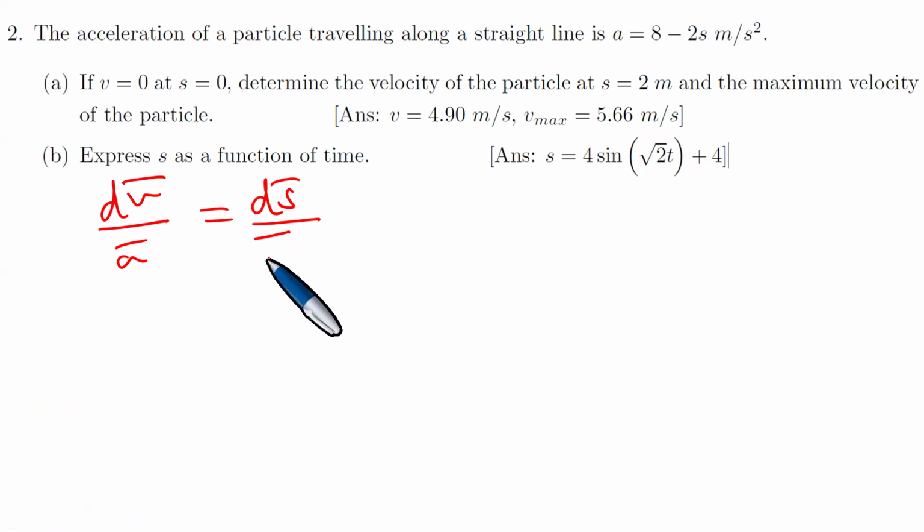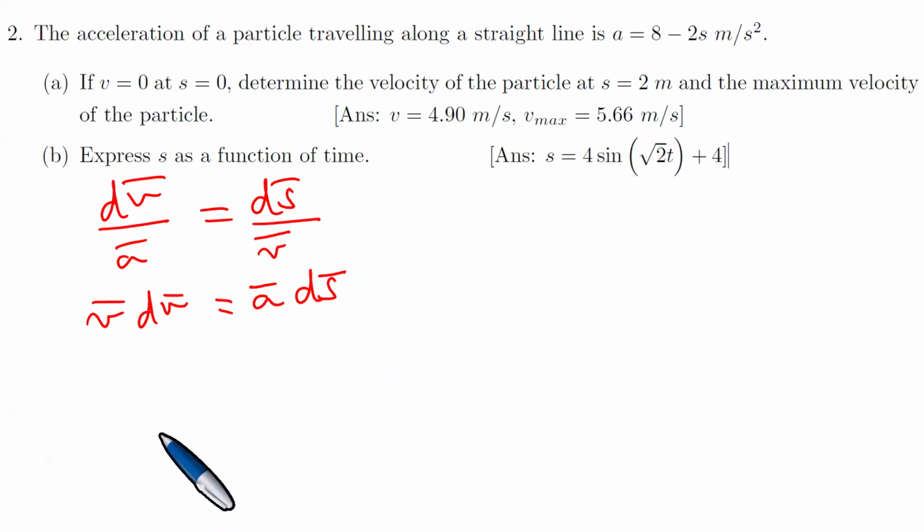Well, there are too many ways to solve this, obviously. But now if you cross multiply this, well, you can imagine a cross multiplication. If we do cross multiply, it means v dv is a ds, like that. Take a look at exactly this here. What is acceleration?